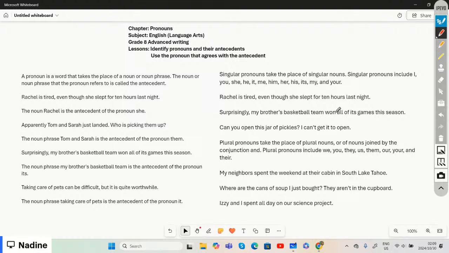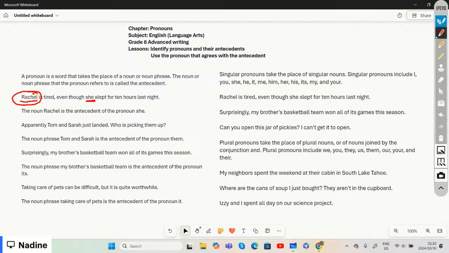If we look at that specific sentence, then our noun within that sentence is Rachel. And remember, a pronoun takes the place of the noun. So Rachel is the noun, and she is the pronoun that takes the place of Rachel. So basically, the antecedent is Rachel.